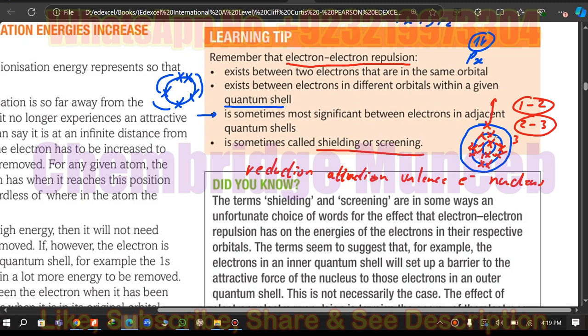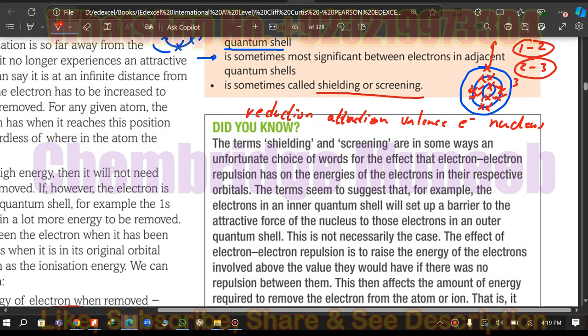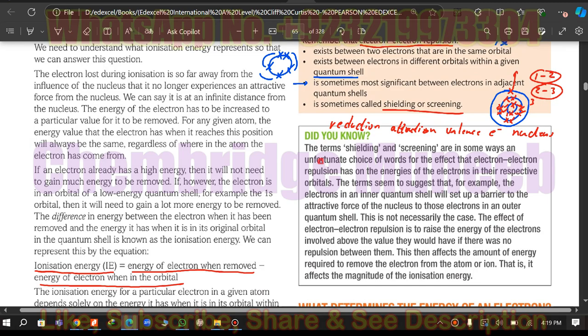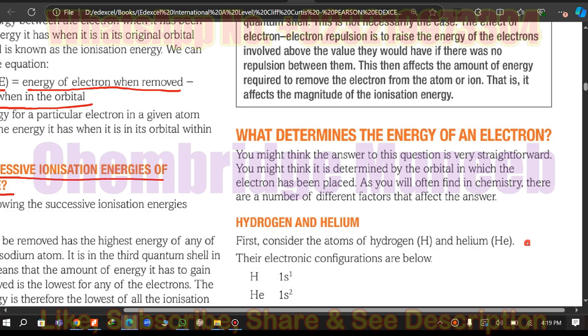All these repulsions are playing their role to repel the electrons of the valence shell away from the nucleus. And when this happens, the attraction between the valence electron and the nucleus decreases. This causes shielding or screening. Is it clear? All right.